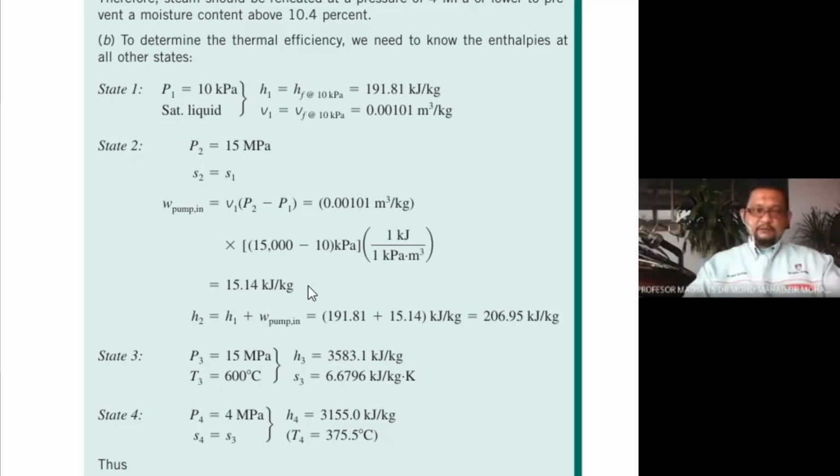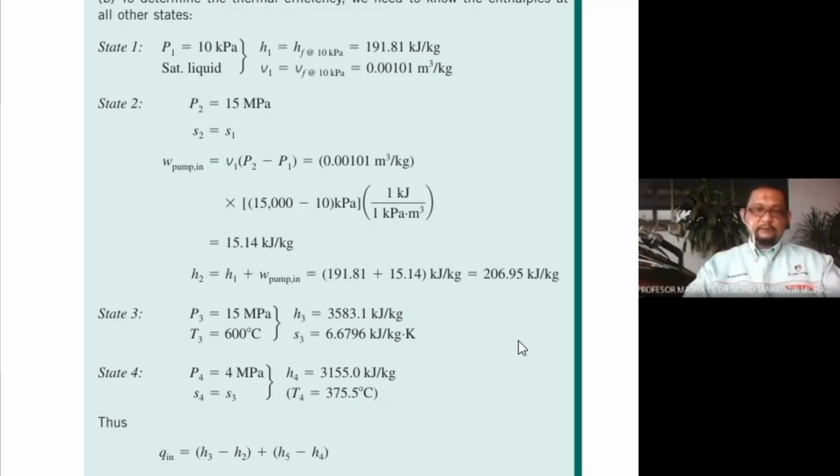So from the pump work in, you also know the pump work in is equal to delta H, that means H2 minus H1. So from there, H2 you can find, and you will get 206.95 kilojoule per kg. This is H2.